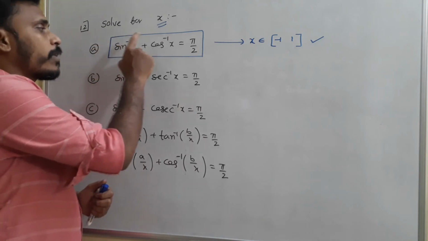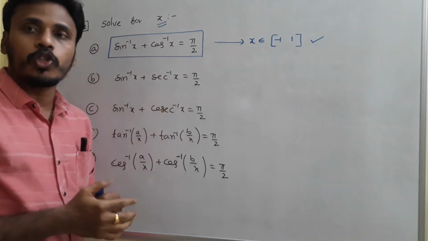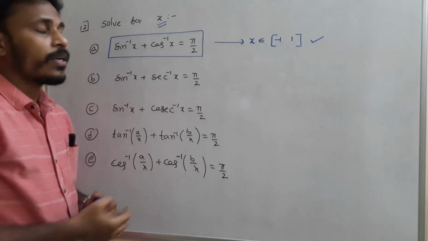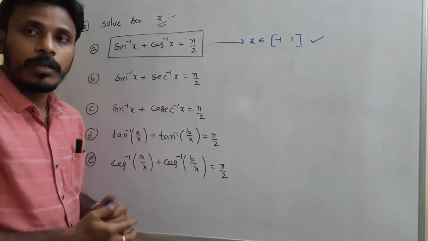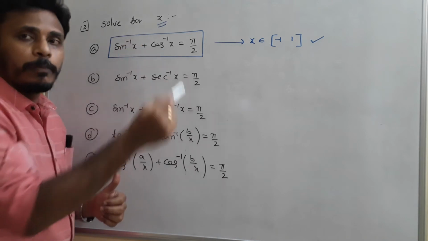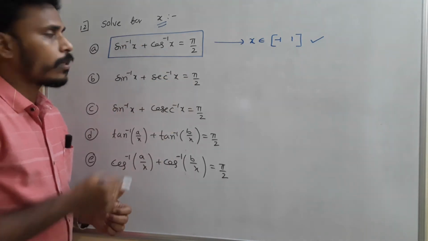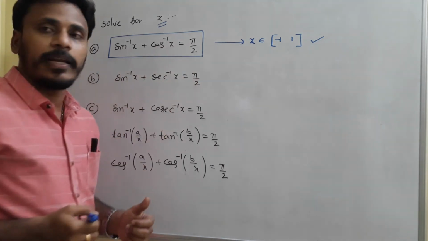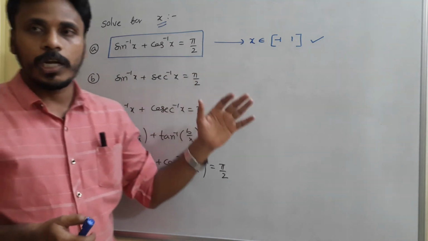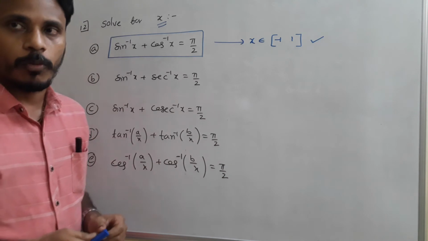This is always acceptable, right? Since it is always acceptable, we need to mention all possible values of x. The possible values of x are simply the closed interval -1 to 1. That is the first problem.